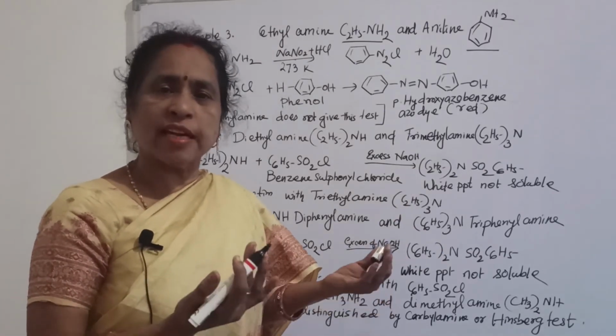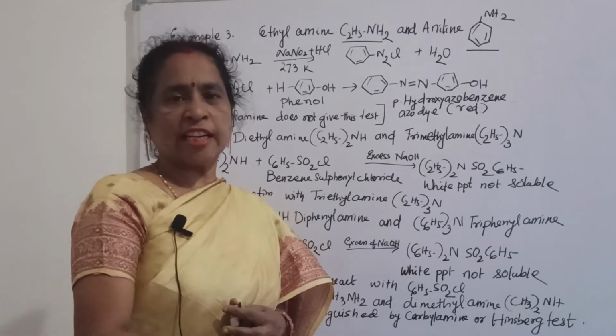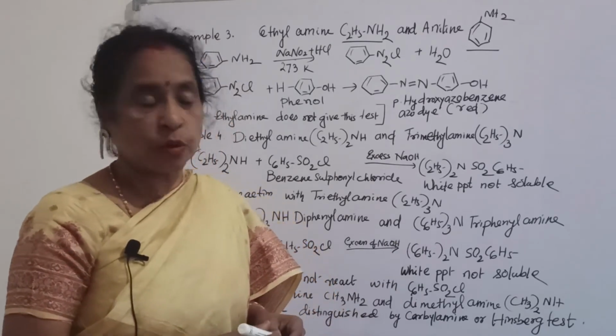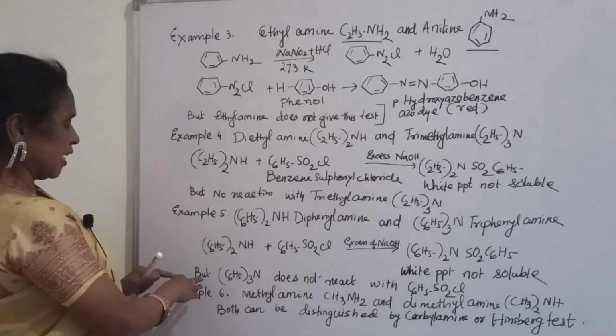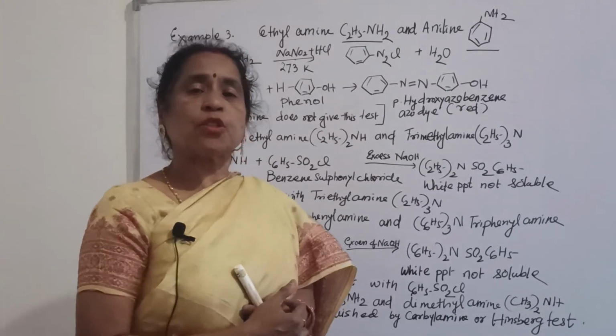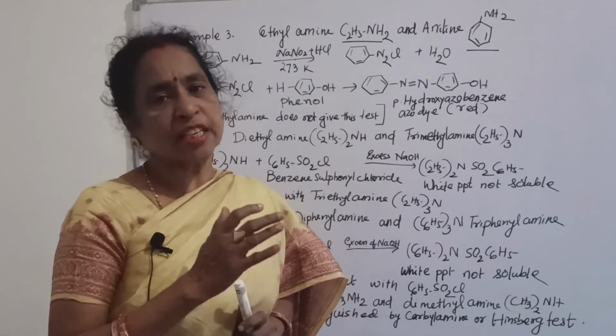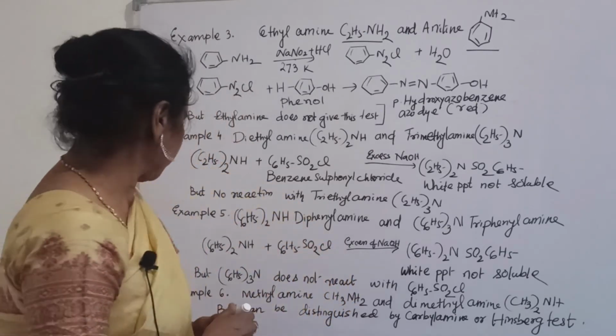There is no reaction at all. Why? Because there is no free hydrogen, so it will not react with the chlorine of benzene sulfonyl chloride. So you should write here triphenylamine does not react with C6H5SO2Cl, or it does not give any positive test for Hinsberg test.